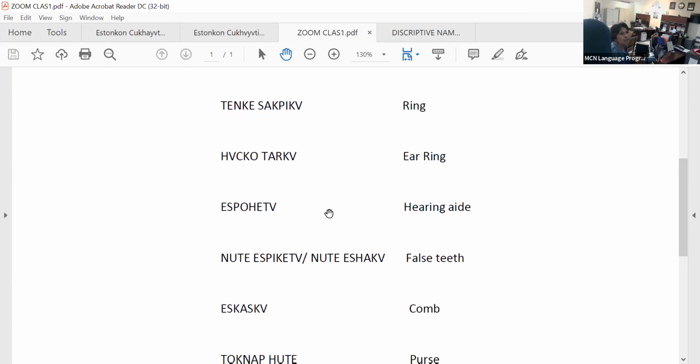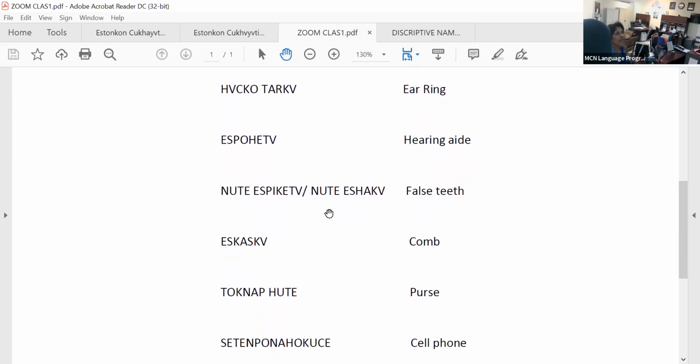False teeth. Nodi ispegida. Remember, nodi was teeth. Ispegida means to put in, just like ispohida. This is to put in. This is to hear with.